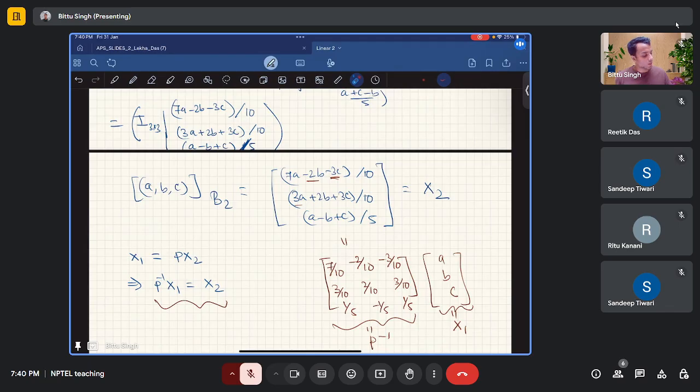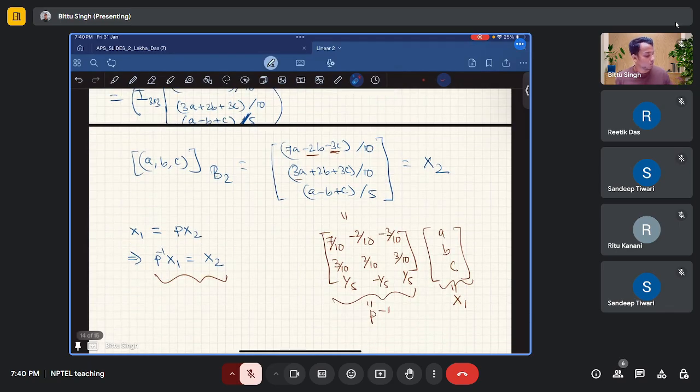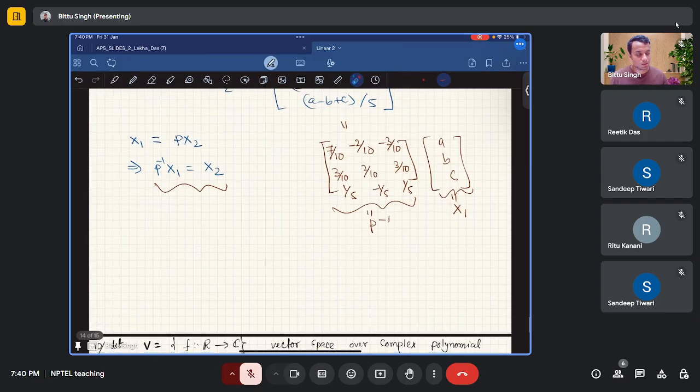You can see that x2 can be written as something of this form times ABC. It is also clear, right? Just do the multiplication, 7 by 10, you are getting this. So from here it is clear that P inverse must be this, because x2 is the same as P inverse times x1. But x1 we have already arrived at is ABC, right? So this is the correct answer.